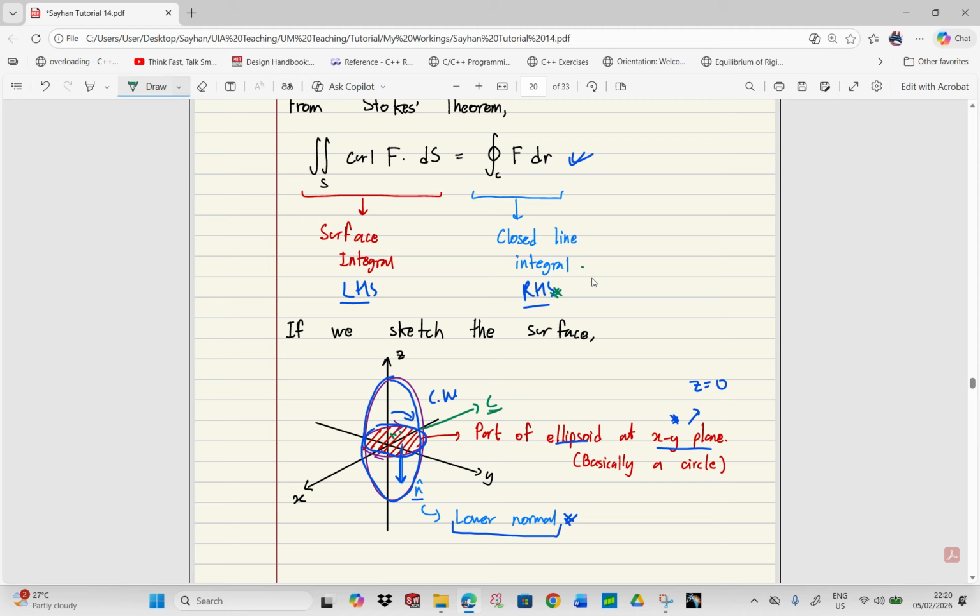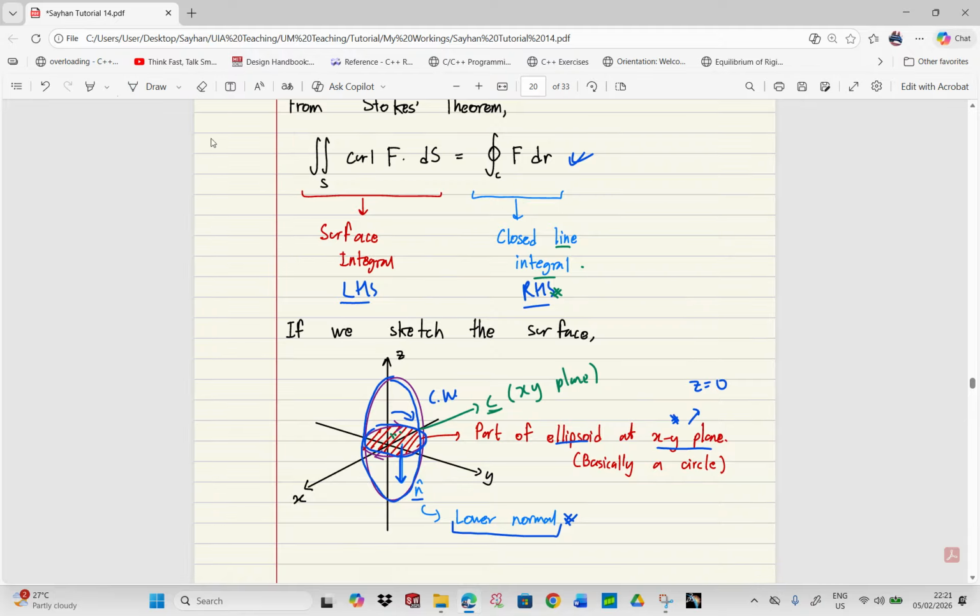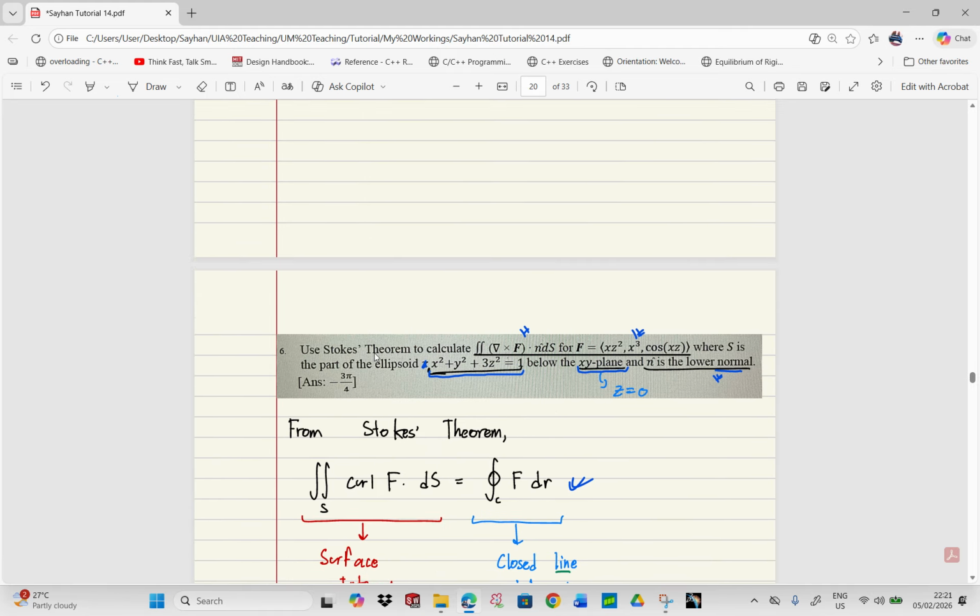Green's theorem applies if the surface lies on the xy plane. If it's lying on the xy plane, then you can use Green's theorem, or you can just use the general line integral formula for closed paths. So I would say it really depends.